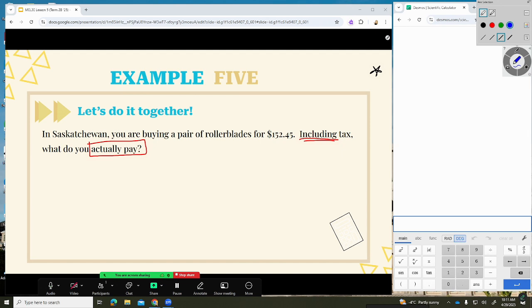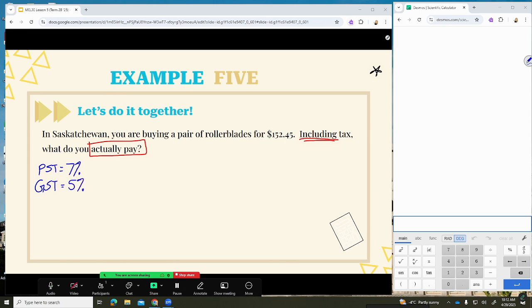We're going to reference page 45 to find out what the PST in Saskatchewan is. It tells us that PST is 7%. But remember, GST also gets applied, and GST as of 2008 is 5%.